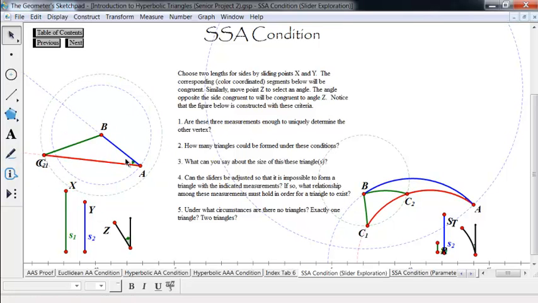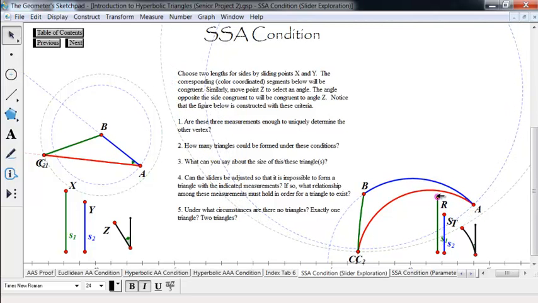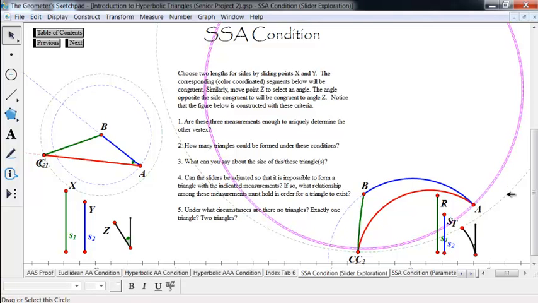So if we make this radius the same as or longer than the other one, this ray and this circle will only intersect once. The rest of this line coming down this way would intersect it, but it's not part of the ray. So you're back to a one solution situation.